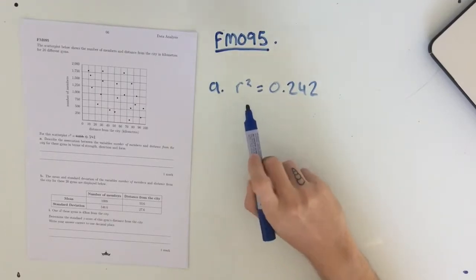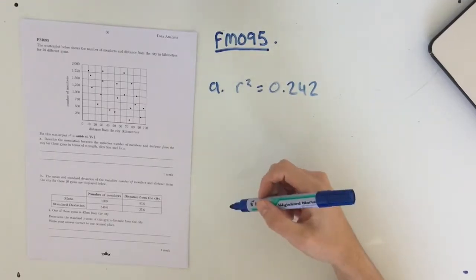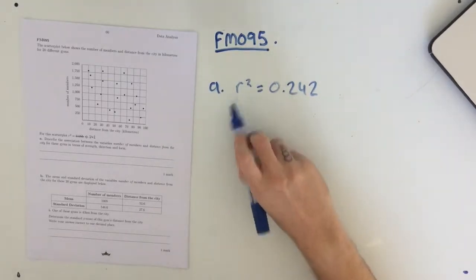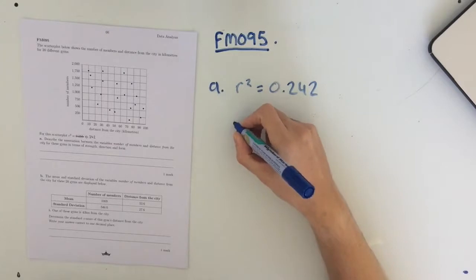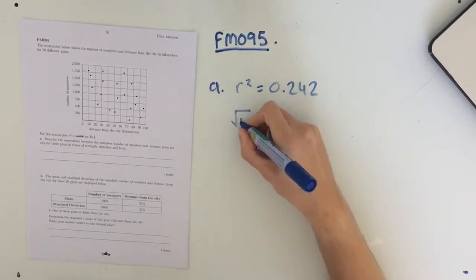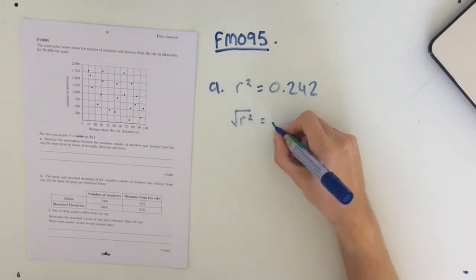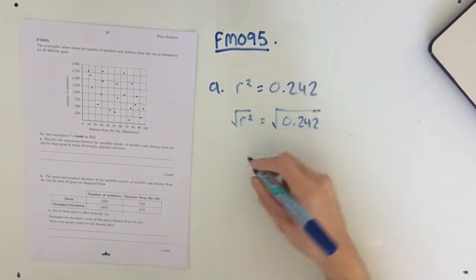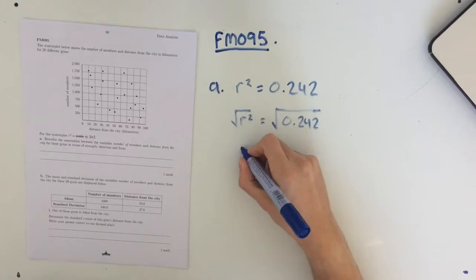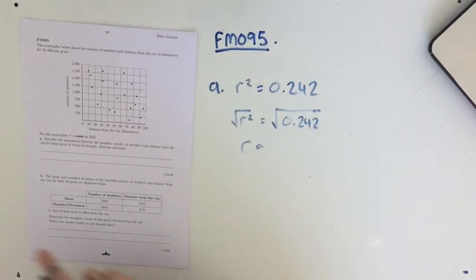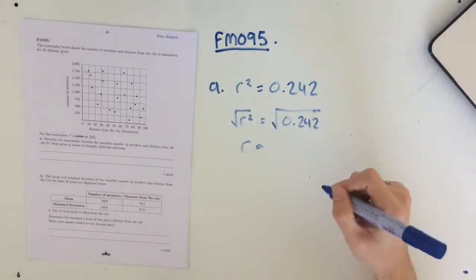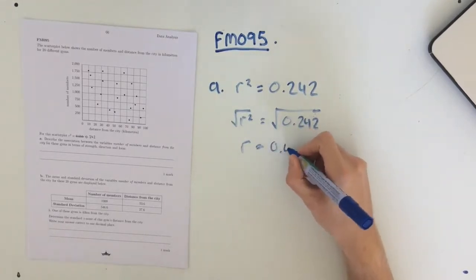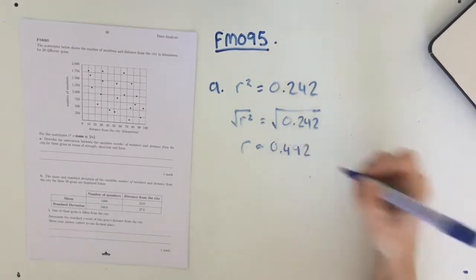And then in terms of the strength, we need to change this r squared coefficient of determination to a correlation coefficient. To do that, we square root r squared to get r, meaning we square root 0.242, which gives us a rounded value of about 0.492.